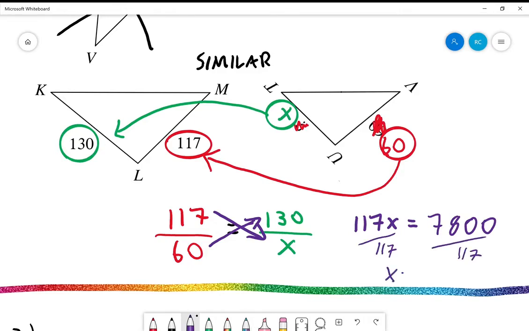We get x equals 7,800 divided by 117. Enter. 66.67. So 66 2/3 is our answer. So this length right here, UT, is 66 2/3 units long.